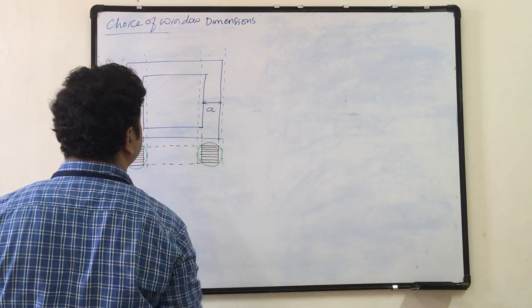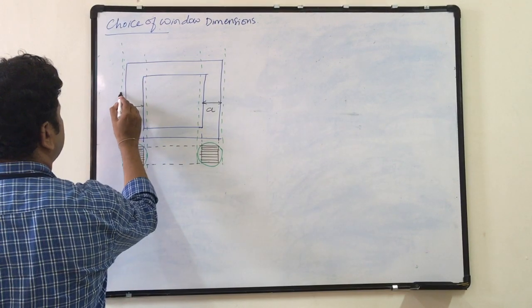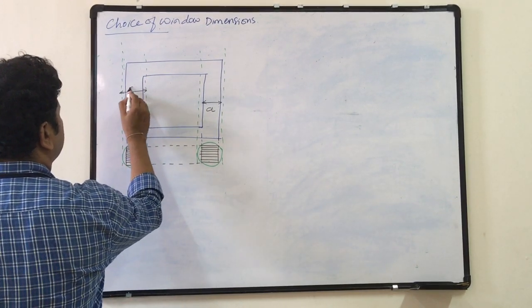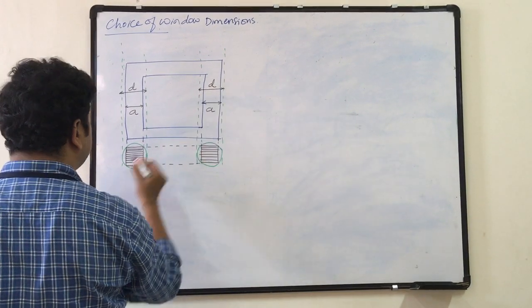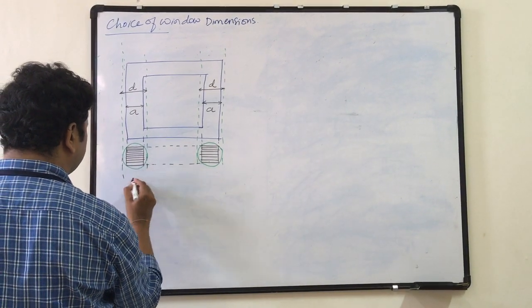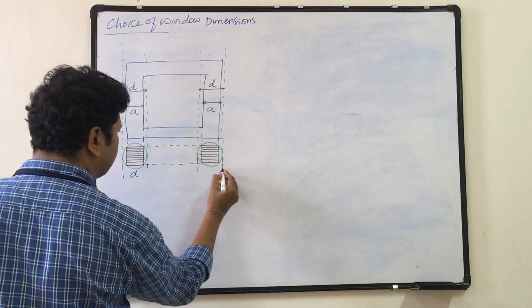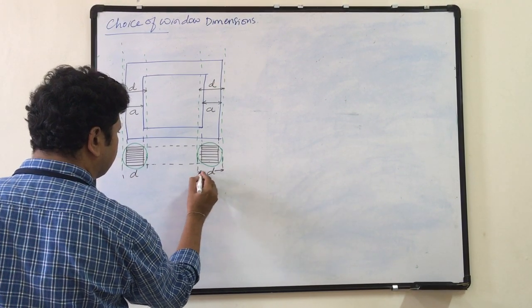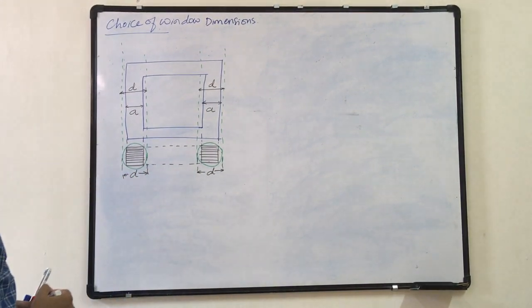This is also a. Whereas this is d, this is d, the diameter of the circumcircle.